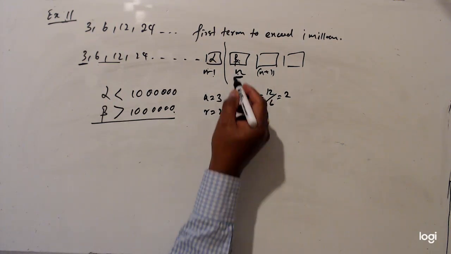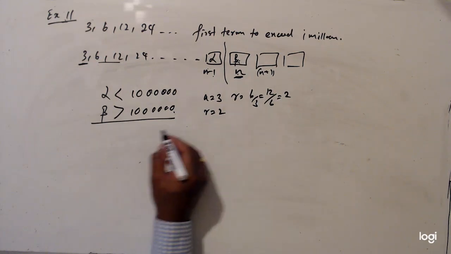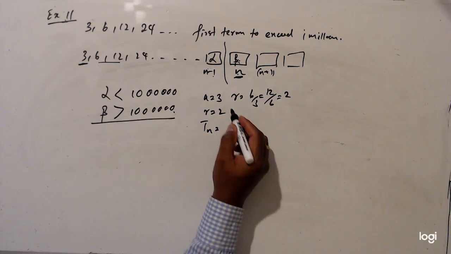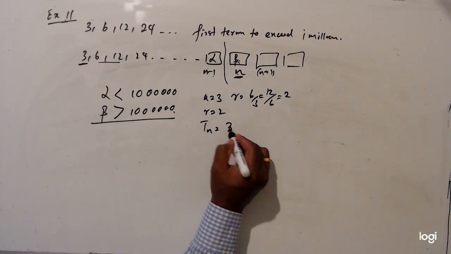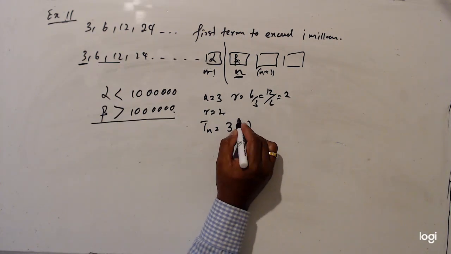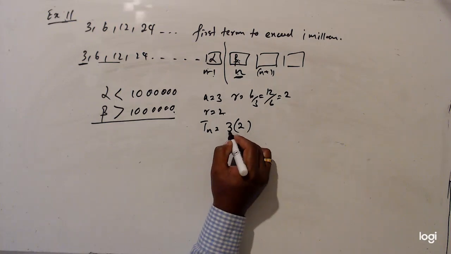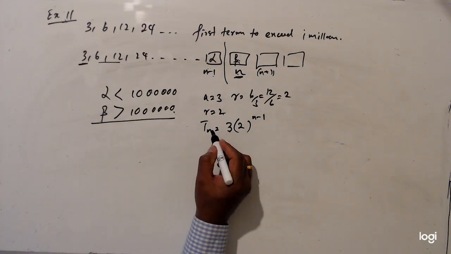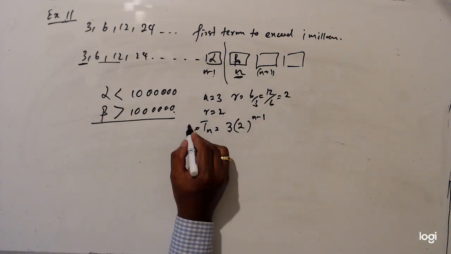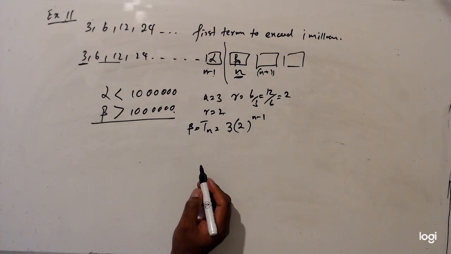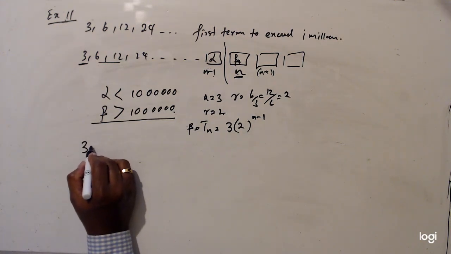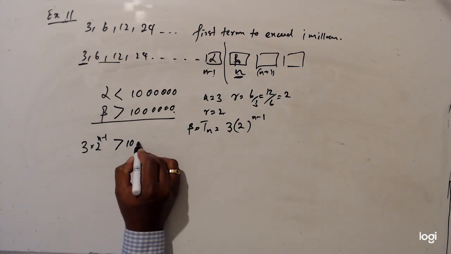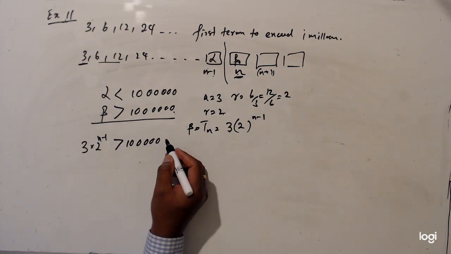Let's assume the n-th term is tn. Then it is 3 times the common ratio to the power n minus 1. So this is the beta term. So 3 times 2 to the power n minus 1 has to be greater than 1 million.